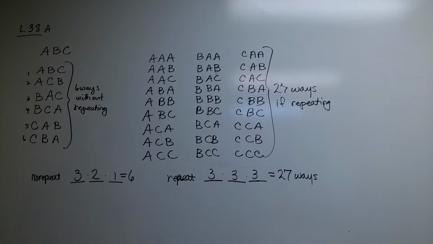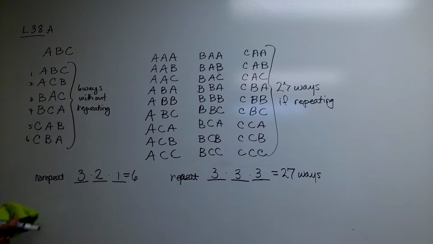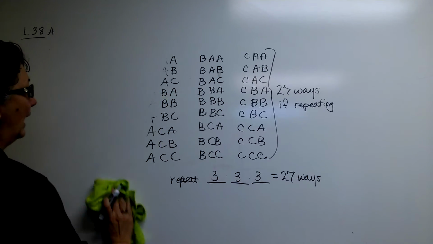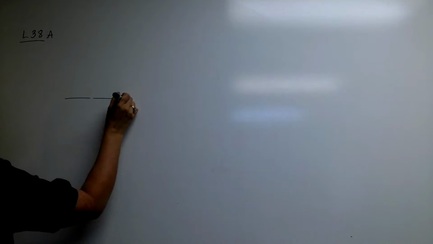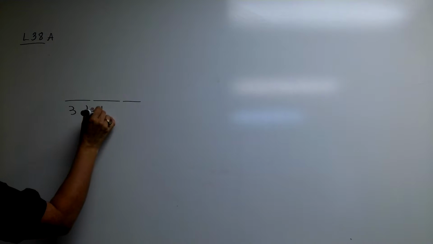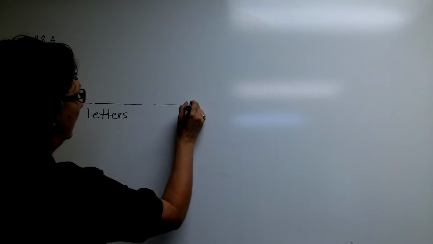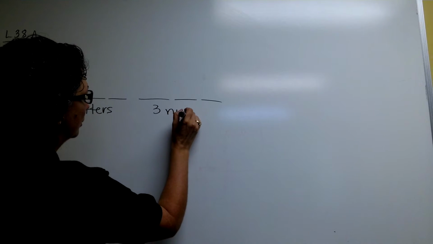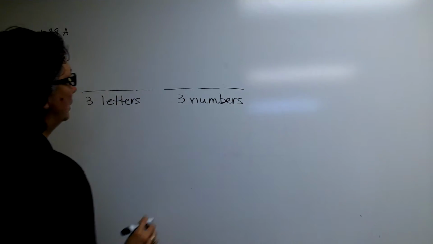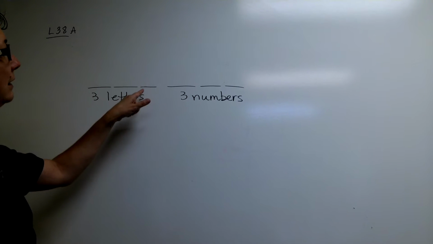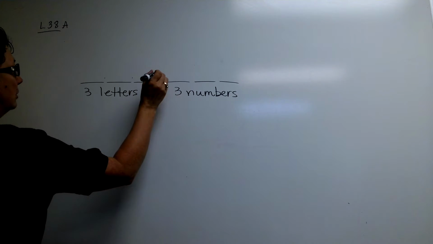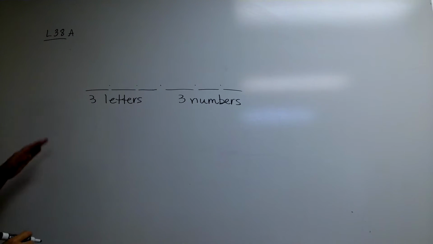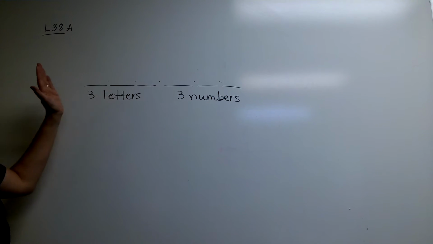For example, on your car tag, let's do that one. In the state of Georgia, we have 3 letters followed by 3 numbers. I believe that's what it used to be. They may have changed it. So, if I can repeat the letters and the numbers, barring any bad words, we're not going to worry about that right now. I need 3 letters and I can repeat them.